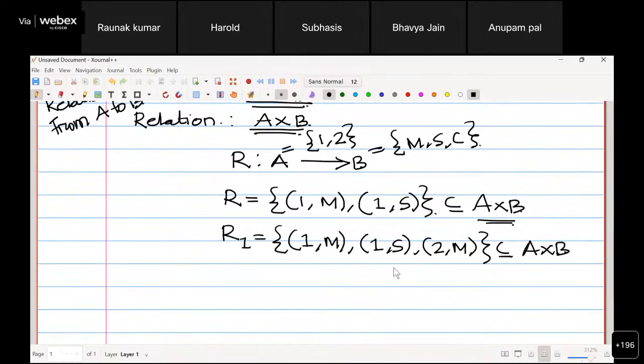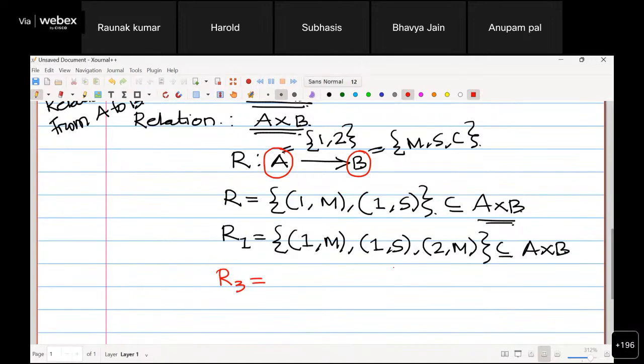As you can see, we have two different relations from A to B, so the relation is not unique. A relation is a subset of A cross B, and similarly I can define one more relation.